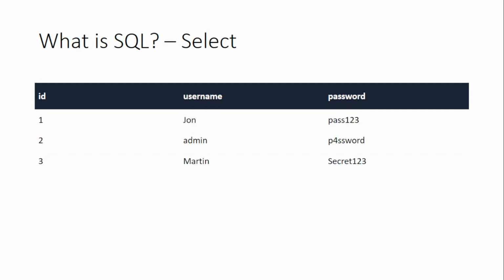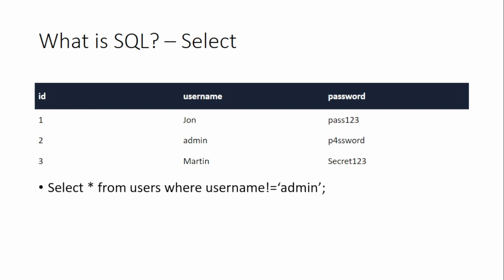We can also, instead of returning the rows that equal something, return the rows that don't equal something. So here where username doesn't equal admin.